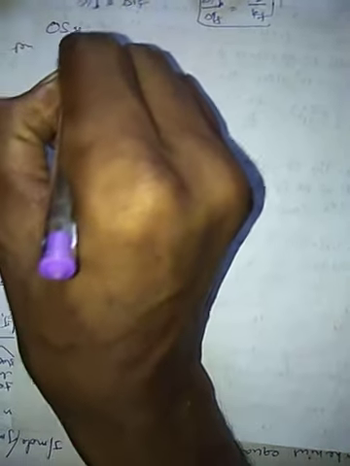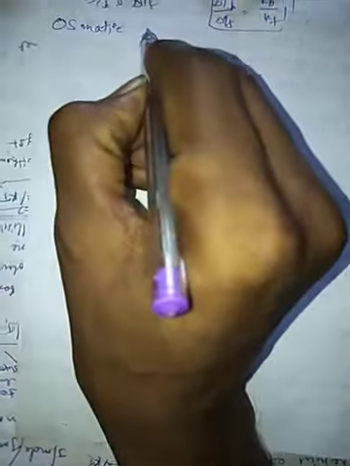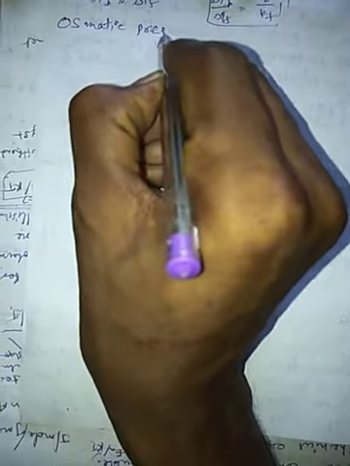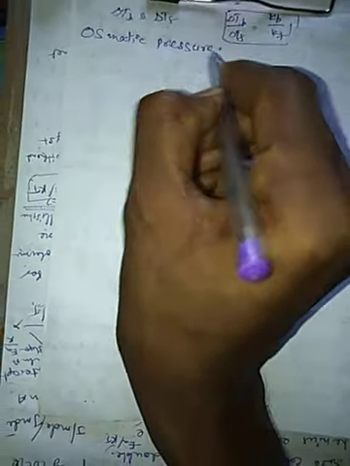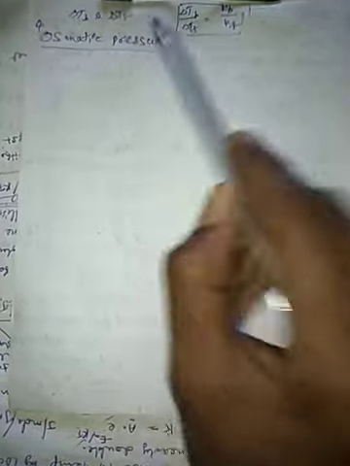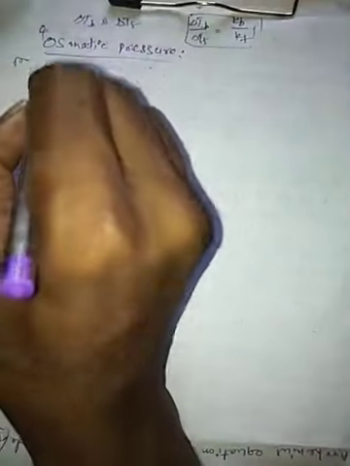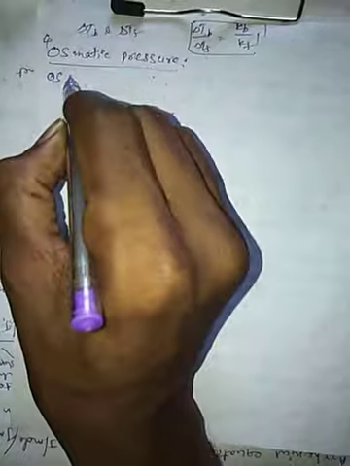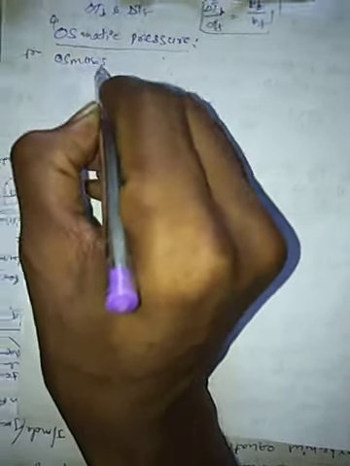Now I am going to explain the fourth colligative property, that is osmotic pressure. Now in this one, what is meant by osmosis?